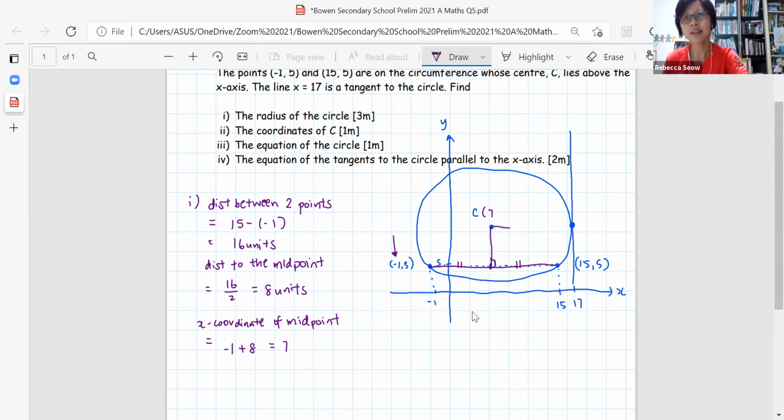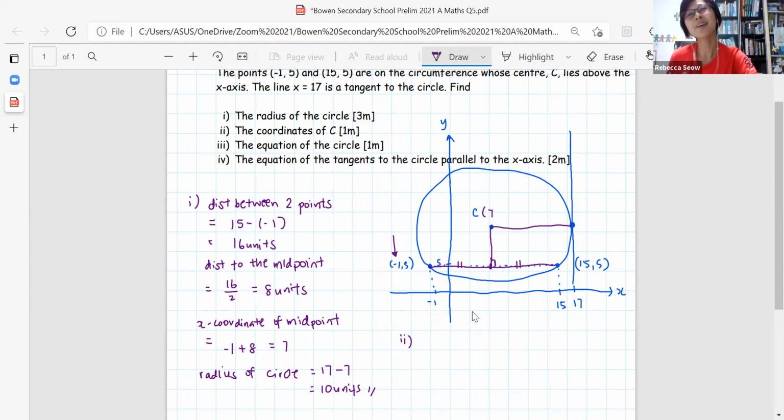Therefore, we can say that the radius of the circle would be 17 minus 7. That makes 10 units. So that's part 1.